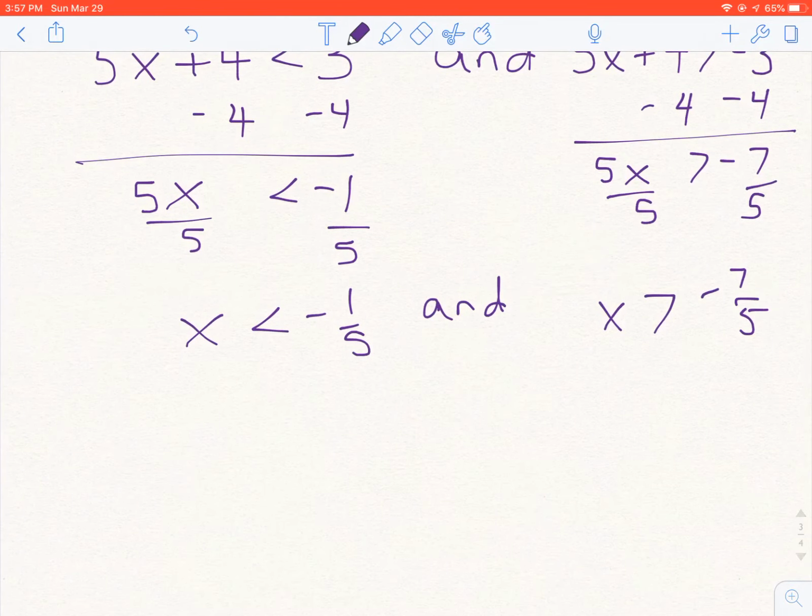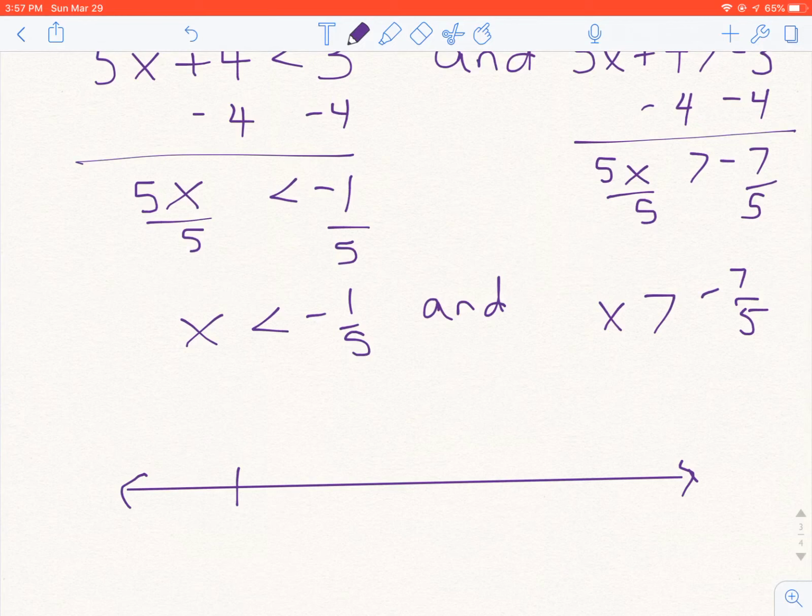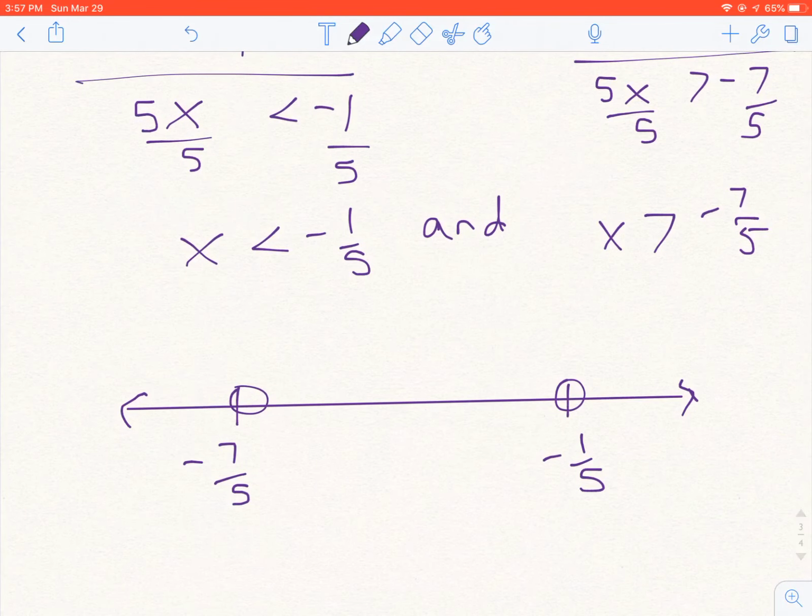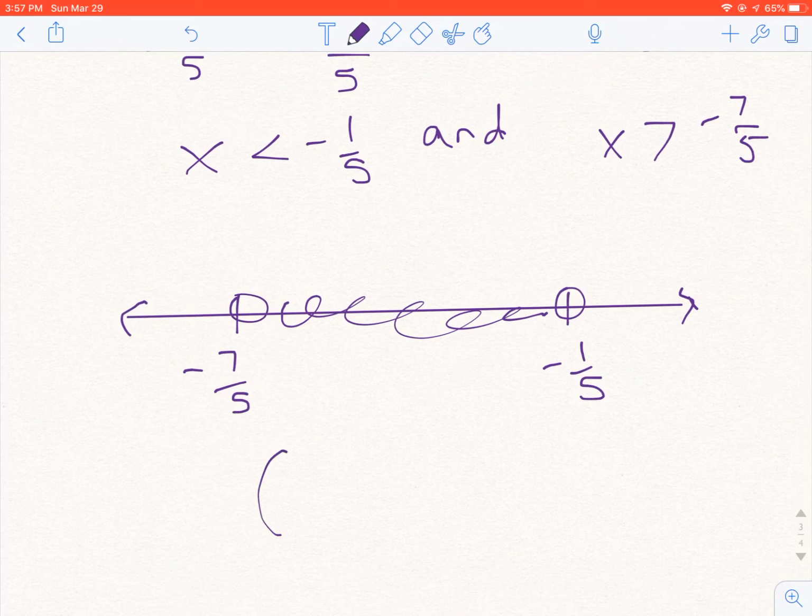So my number line, and again, all I really care about are these numbers here. It's going to be greater than -7/5 and less than -1/5. And because it's not equal to, those are open circles, or you could use the round brackets, doesn't matter, and everything in between. So it's going to be parentheses, -7/5, comma, -1/5.